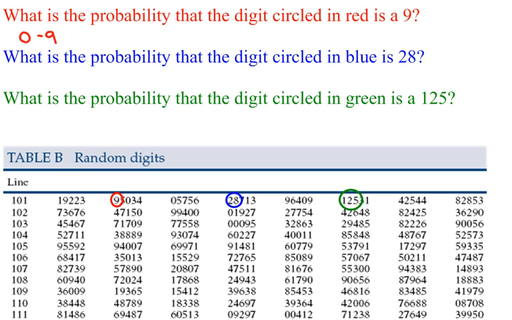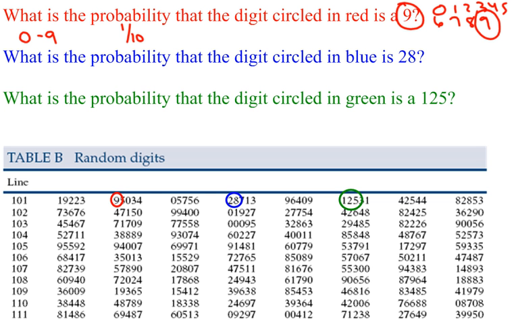So of these 10 choices, you have a 1 in 10 chance of getting a 9. My only options are 0, 1, 2, 3, 4, 5, 6, 7, 8, 9. Those are my options, because when I go to 10, I'm at 2 digits. There's 10 options. What's the probability that the one I pick is a 9? Well, 1 out of 10.